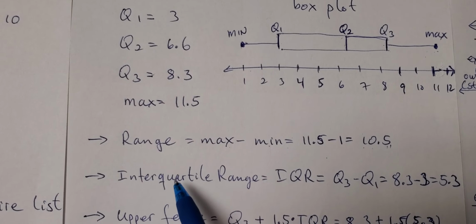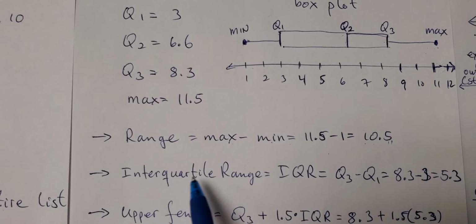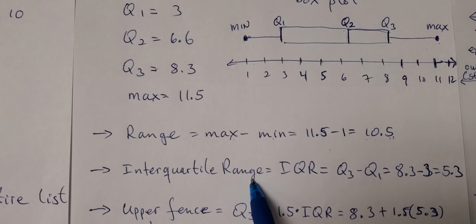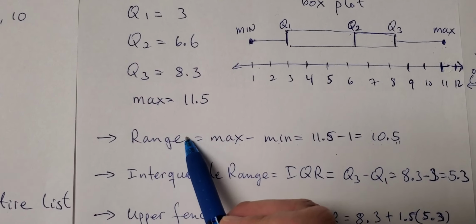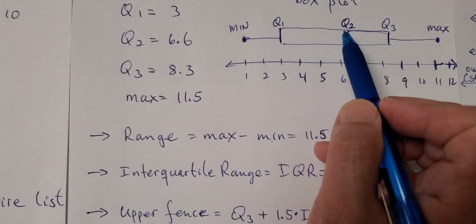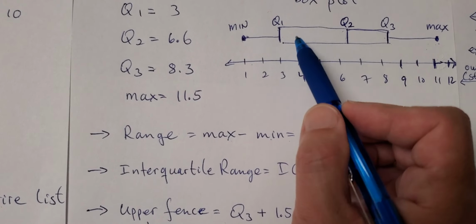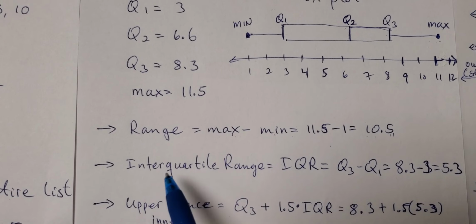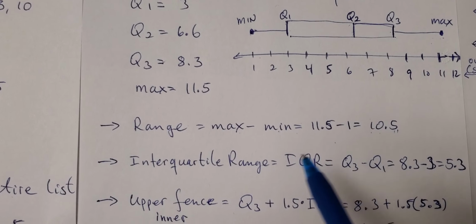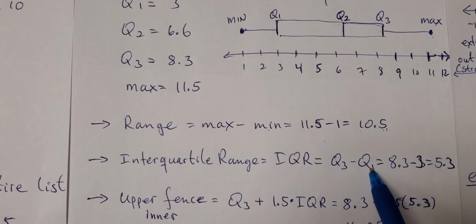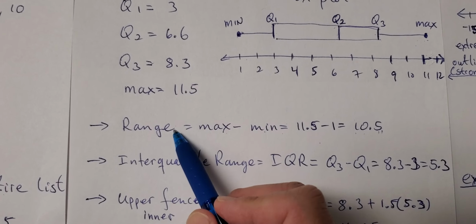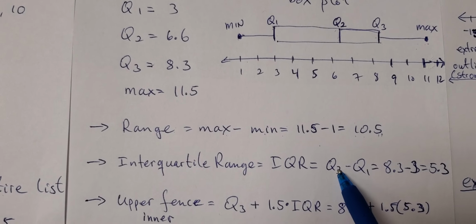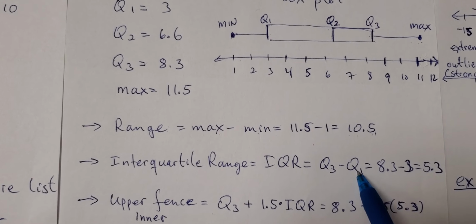Next, IQR. IQR stands for interquartile range. So very similar to range, but you only want the inner part. That's why it's called inter. We only want the inter part. All right, so IQR stands for interquartile range, which is Q3 subtract Q1. Take the biggest quartile, subtract the smallest quartile.